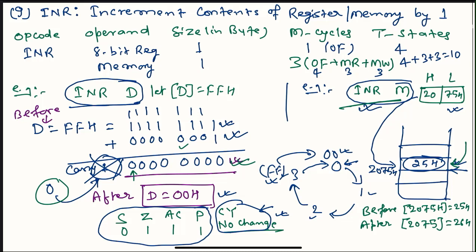Now what will be the changes over the flags? As per this operation, after performing 25H plus 01H, whatever the result is, 26H, accordingly the flags sign, zero, auxiliary carry and parity are going to be modified as per the result obtained, 26H, and there should not be any change over the carry flag.